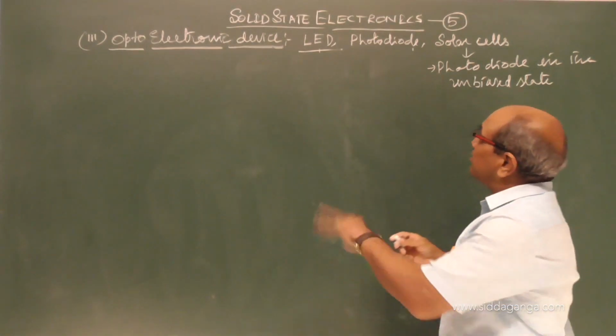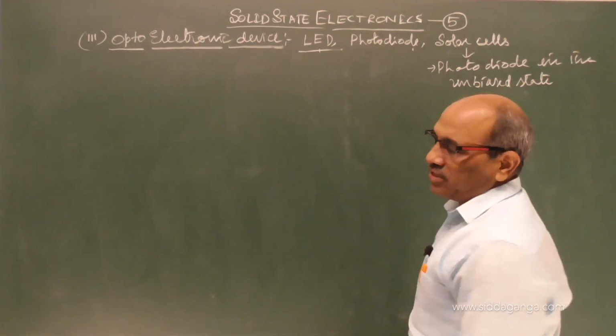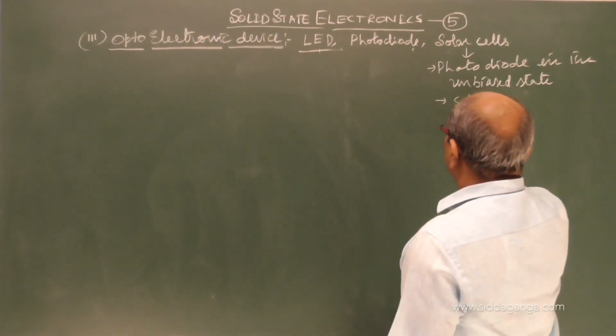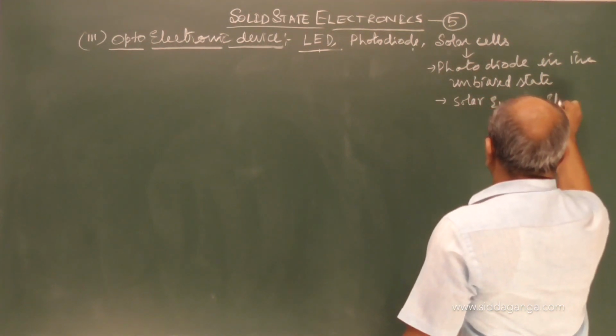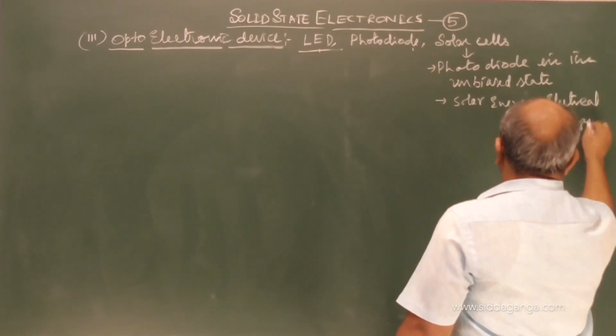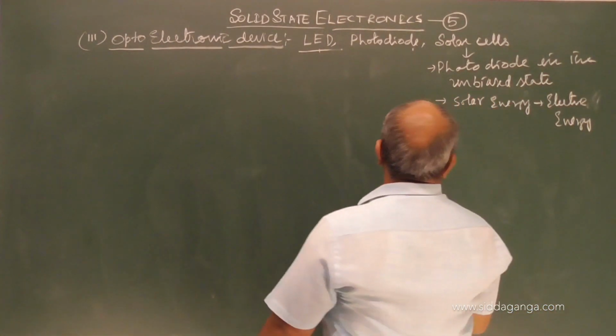If you keep a photodiode in the unbiased state, it converts solar energy into electrical energy.